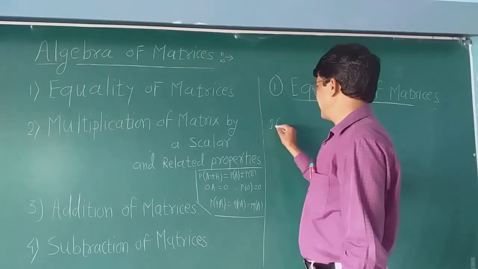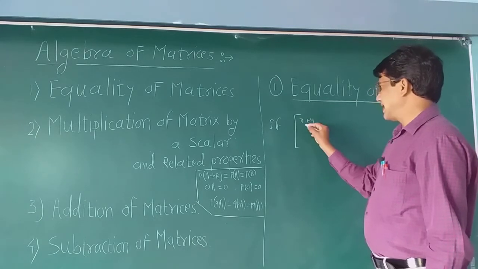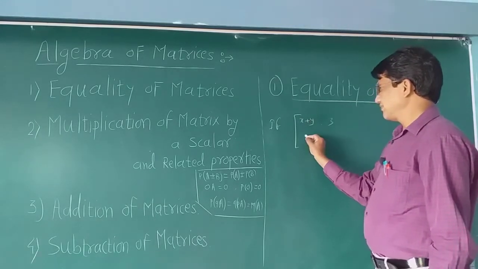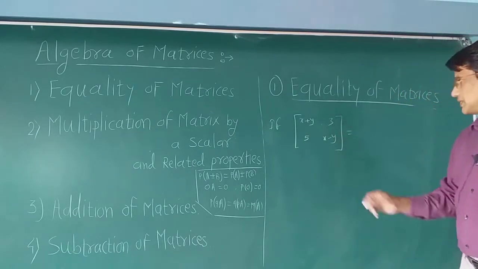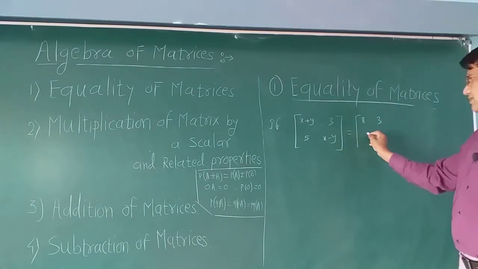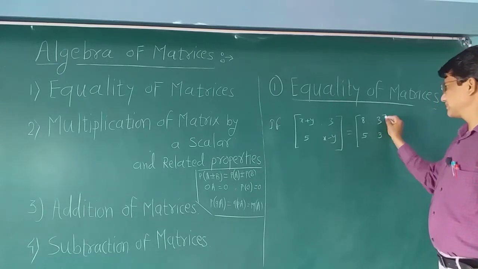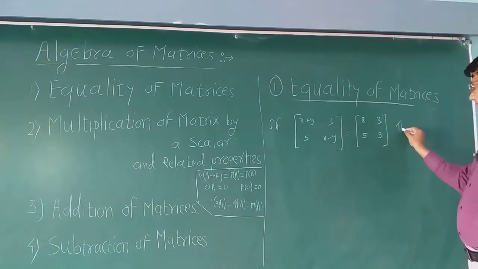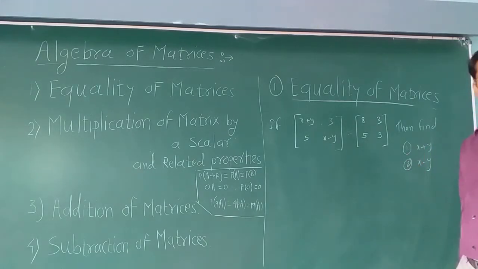Suppose here given x plus y, 3, 5, x minus y is equal to 8, 3, 5, 3. Then find number 1, x plus y and number 2, x minus y.